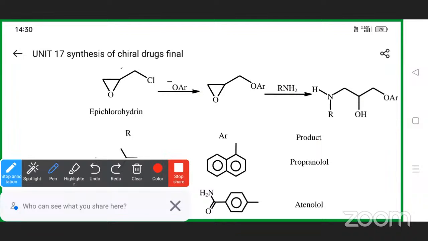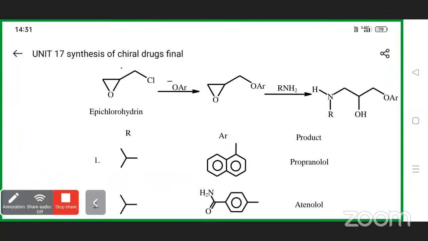Because here you see it is disubstituted here, right? The disubstitution is there. There is no substitution, okay, unsubstituted. There is an unsubstituted terminal. This is the disubstituted terminal here. So it prefers to open here. Then this epoxide ring opening takes place like this here. Then we are getting this particular intermediate compound.